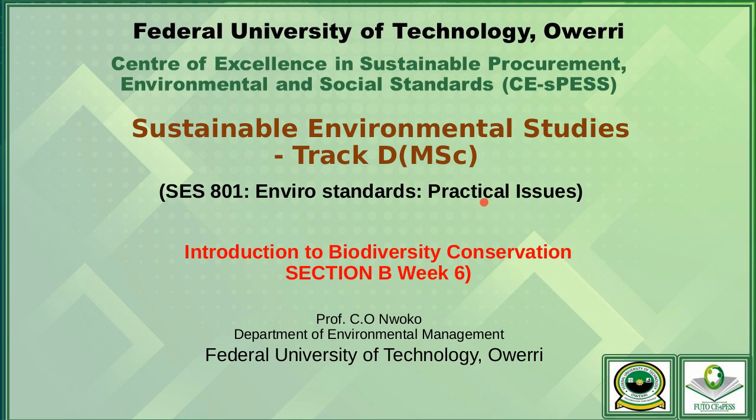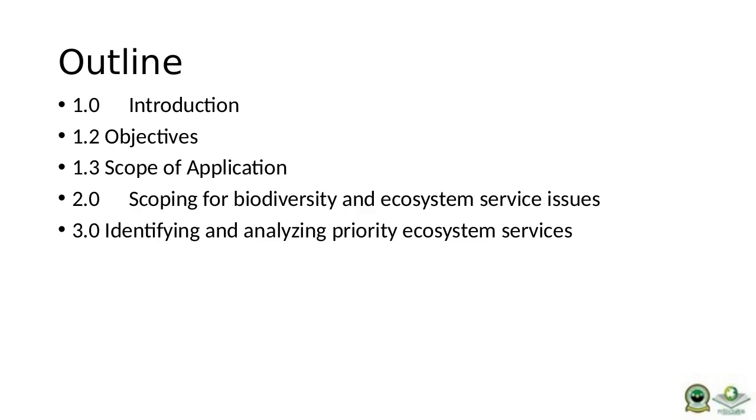Okay, so these are the slides, Introduction to Biodiversity Conservation. You have had section A. I will take section B. We will talk about the introduction, the objectives, the scope of application of biodiversity, the scoping for biodiversity during impact assessment study, and ecosystem services issues.